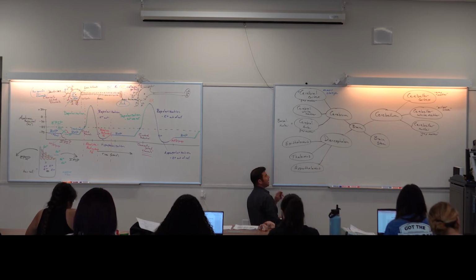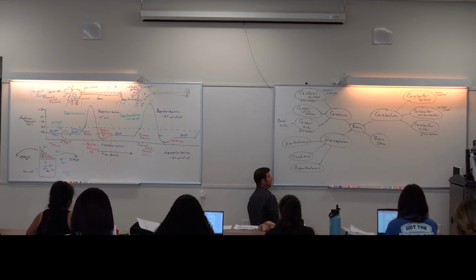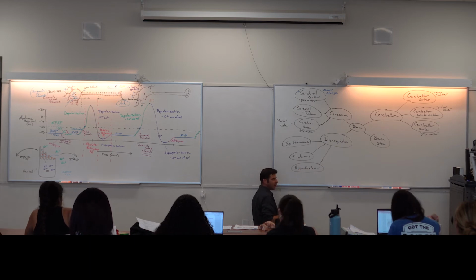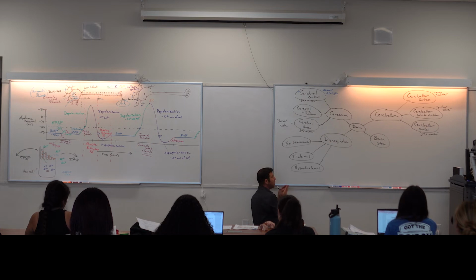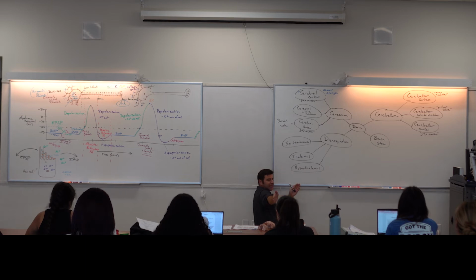So diencephalon, like we said, it's all about the thalamus. We will see that the thalamus is basically going to be the router of information that comes into the brain. All of the sensory information that comes into the brain passes through the thalamus, and the thalamus has to decide, okay, what part of the brain does that information need to hit? So it's kind of the router of sensory information that comes into the brain.